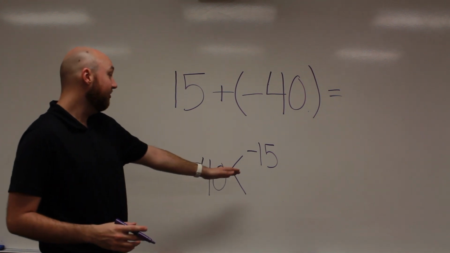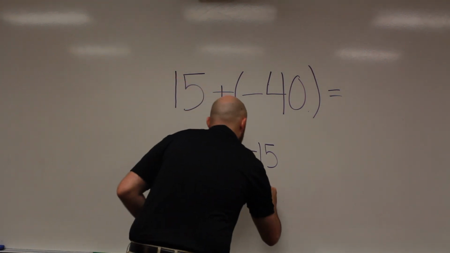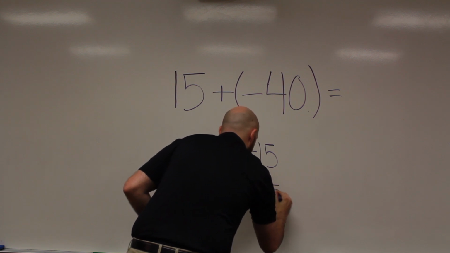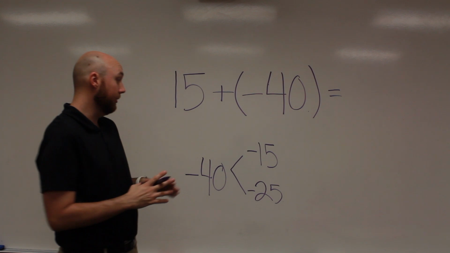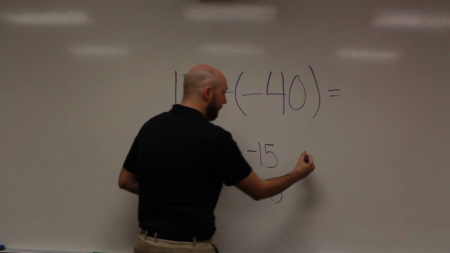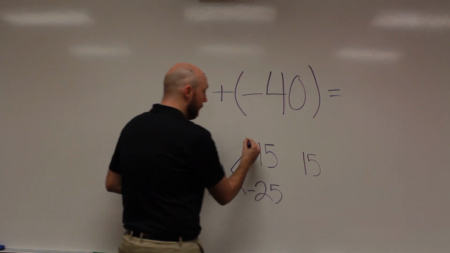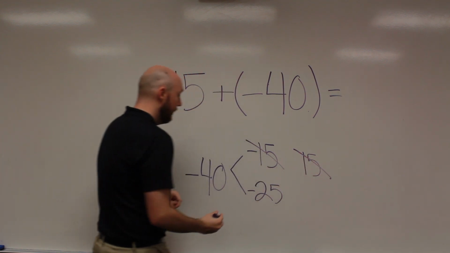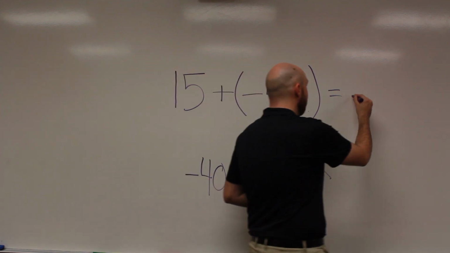Okay, what plus 15 can get us 40? 25, because 25 plus 15 will get you 40, right? So make our imaginary 0 pair, negative 15 and the positive 15 from our problem cancel each other out, and we are left with negative 25.